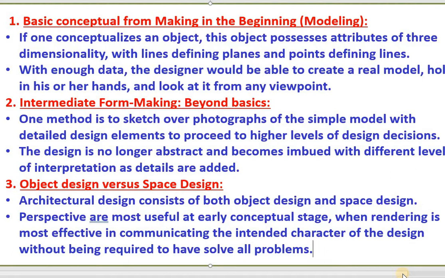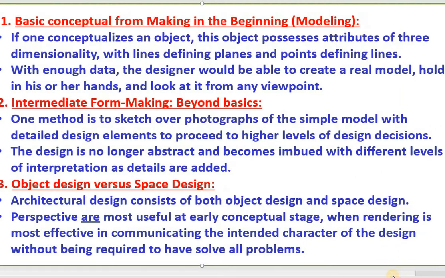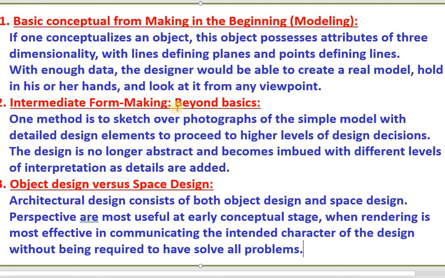With enough data, the designer would be able to create the real model, hold it in his hands and look at it from any viewpoint. People working on the model need to create the real model, but they need some data from the designer.